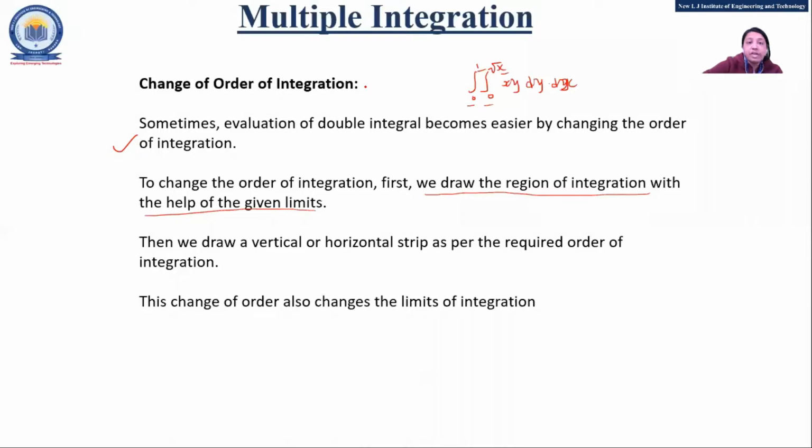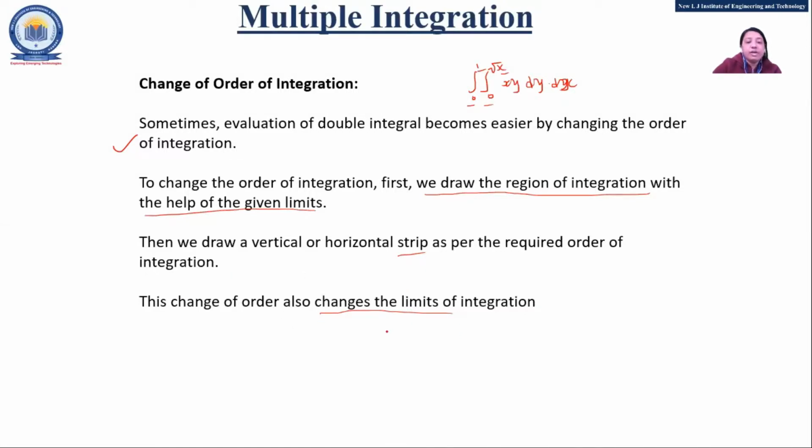Okay. Then draw a vertical or horizontal strip as per the required order of integration. That means from the given integration, you can decide whether it's given with a vertical strip or a horizontal one, that we will see. After that, if we are supposed to change the order of integration, then obviously the strip is also supposed to be changed. So we need to change the strip, and again the limits are also supposed to be changed, right?